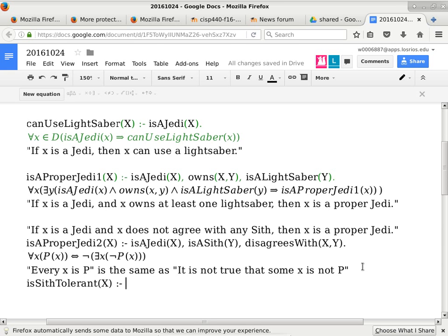So if the only thing I can express is disagrees with, then we can do this. Okay, we can say, go find me some cis. Okay, is a cis. Go find me a cis y. Okay, this is existential, such that the following is true. Okay, so we have to say this agrees with x, y, and that's the end of this Prolog sentence.